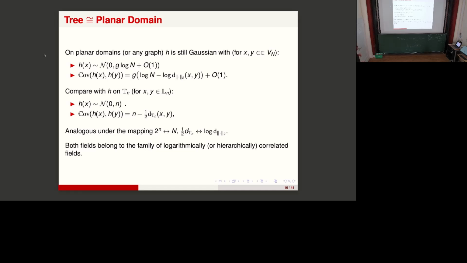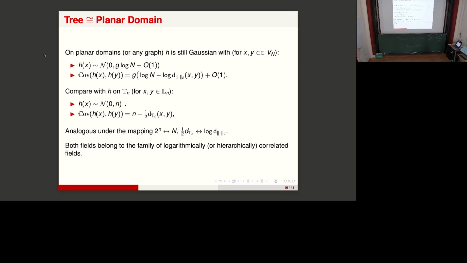Why the tree? Well, the tree is kind of a toy model of the plane. For the sake of Gaussian free field extremal theory, extreme value theory, the tree and the plane are not that different. You can see this by just looking at the covariance structure, since both of them are Gaussian.